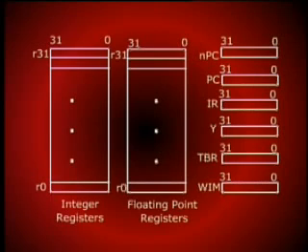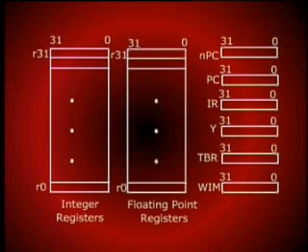Then we have a set of floating point registers, also numbered from 0 to 31. We have 2 program counters, PC and NPC. The program counter PC and NPC hold the current and next instruction addresses. The process status register, PSR, contains the flags or condition codes.